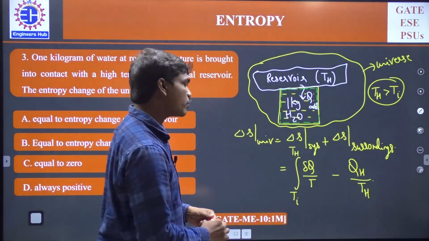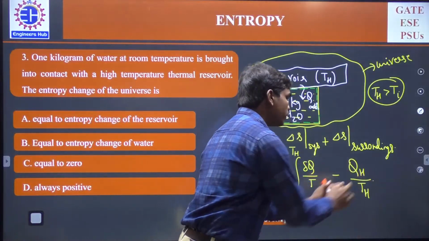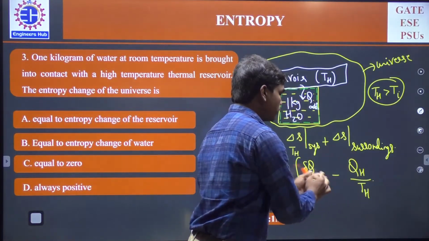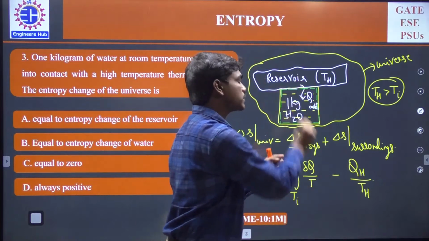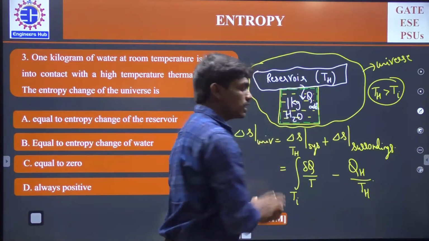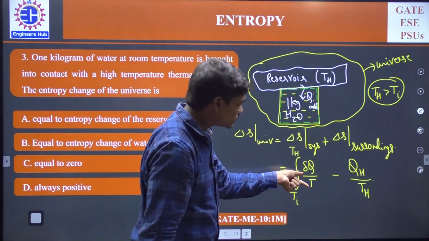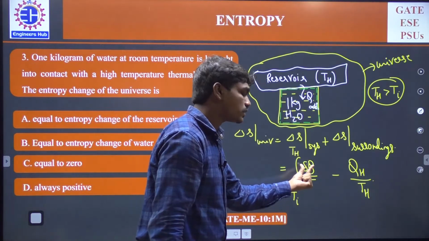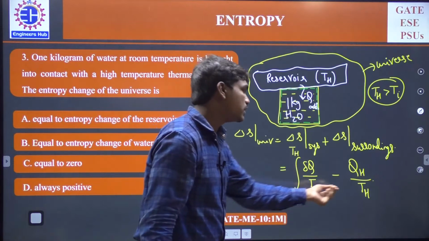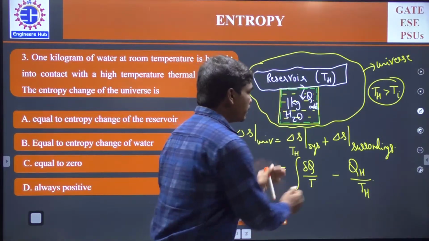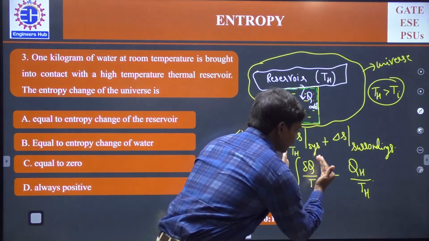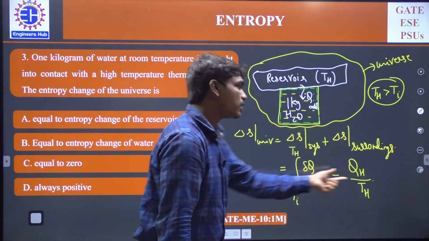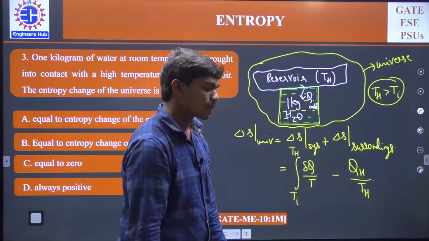Now please tell me, if you compare numerical values of these two, at the end the total heat that transferred into the water is the same, because whatever heat the reservoir is losing, the same heat this water is gaining. Now tell me, when this T is changing from Ti to TH, by the time the total heat Q is transferred into the water and this TH is constant, tell me numerically, if you compare this integration with this QH by TH term, which value will be more, the integral or this algebraic one?